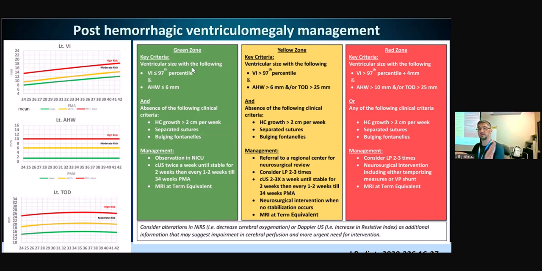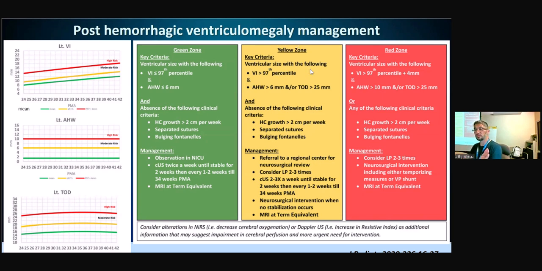If the baby falls into the green zone, the management is observation in NICU and cranial ultrasound once a week until stable, then MRI at term equivalent. They recommend an MRI no matter what. And in this group, the anterior horn width measurements are 6 millimeters or under.